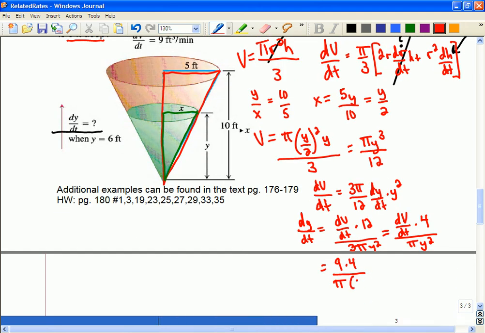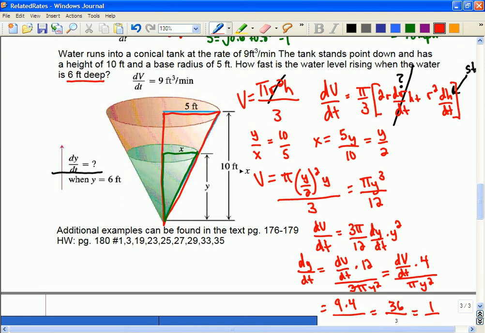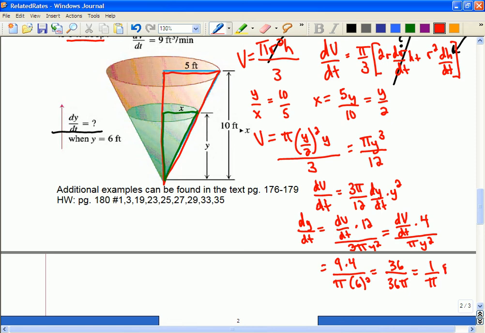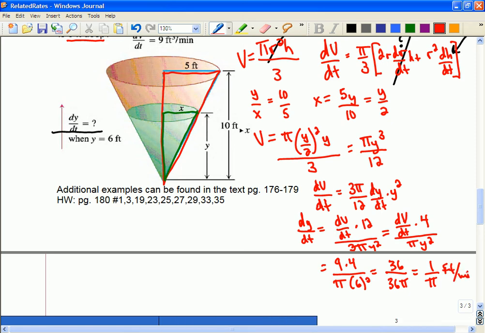So it's going to be 6 squared. So that'll be 36 over 36 pi. So it's going to be 1 over pi. And my units, again, are in feet per minute. So I have 1 over pi feet per minute is how fast the height is increasing at that instant.